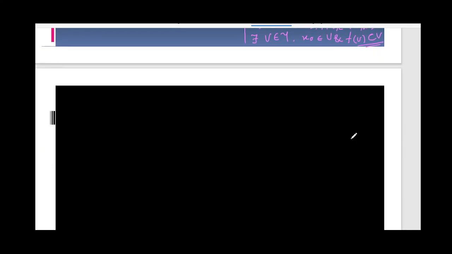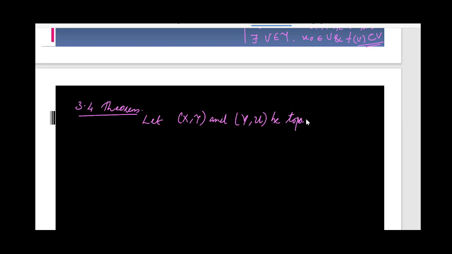Now we have a theorem, 3.4 theorem. Let (X, T) and (Y, U) be topological spaces and f from X to Y a function.